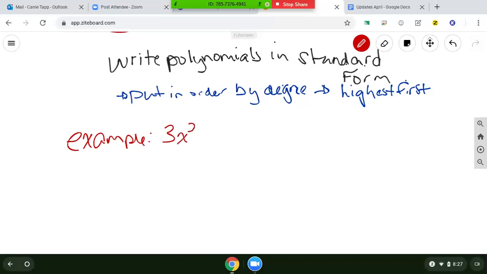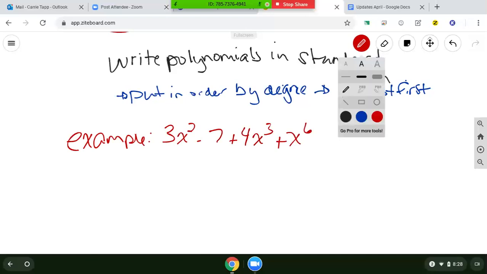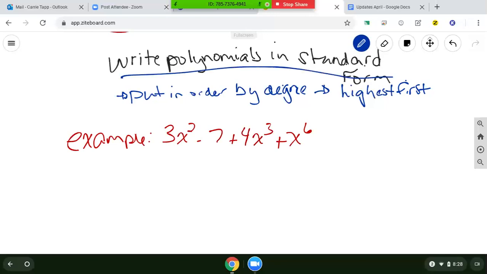So an example would be 3x squared minus 7 plus 4x cubed plus x to the 6th power. So we have all these terms. Now, in order to write it in standard form, like they're asking us to do, we're going to look at the exponents and start with the highest exponent first.